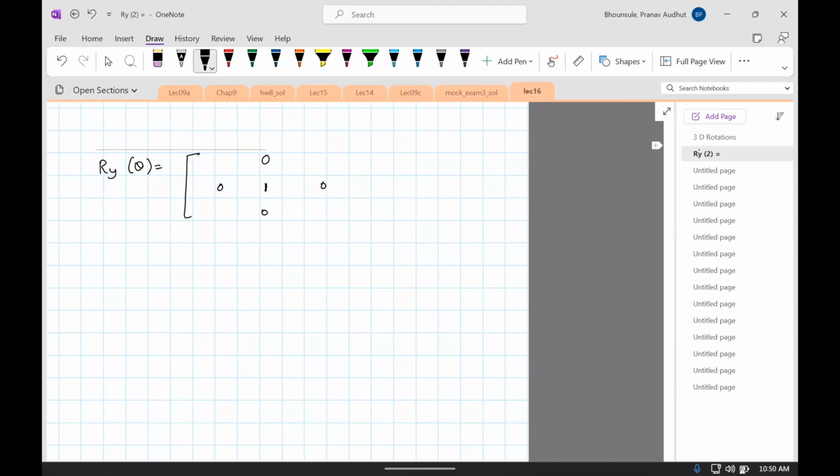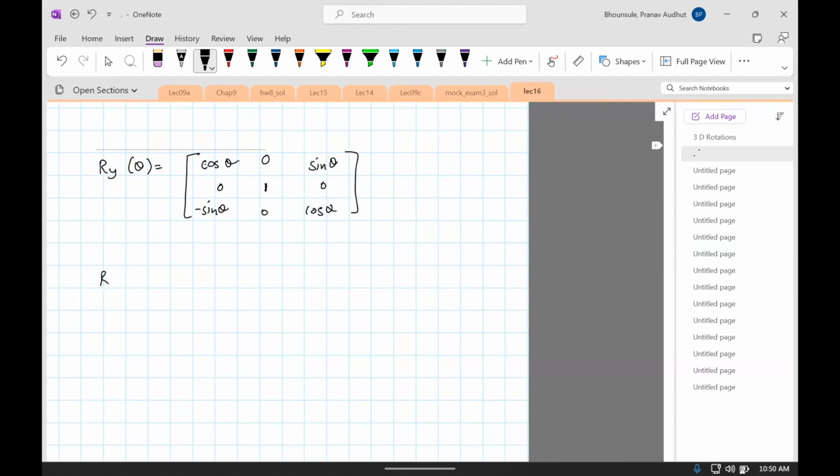That is indicative of the y-axis not being rotated, and then you'll put the thetas over here: cosine theta, sine theta, minus sine theta, cosine theta.